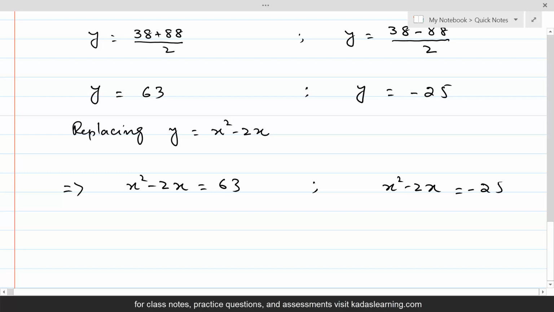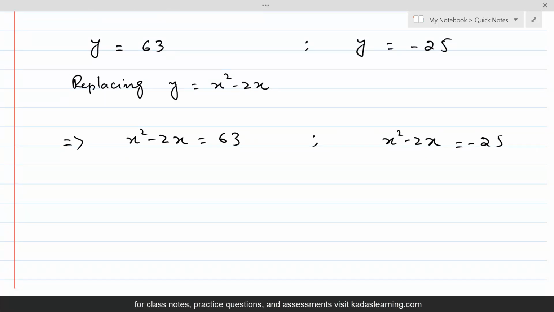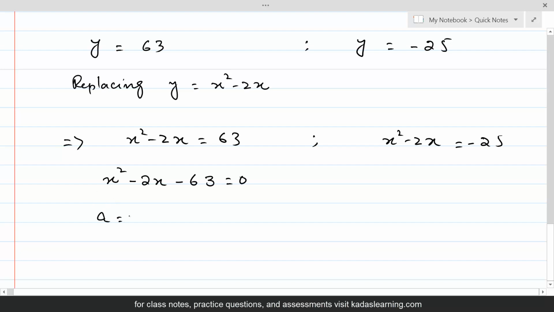Now these are two quadratic equations which we are going to solve for the value of x. x squared minus 2x minus 63 equal to 0. So here a is equal to 1, b is equal to minus 2, and c is equal to minus 63.